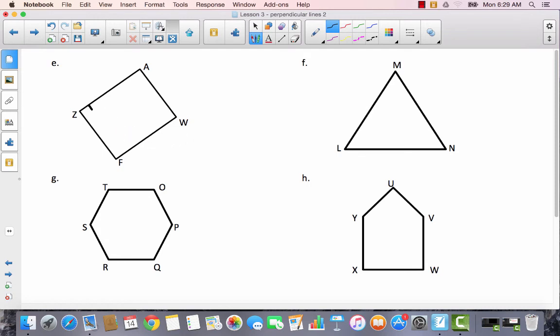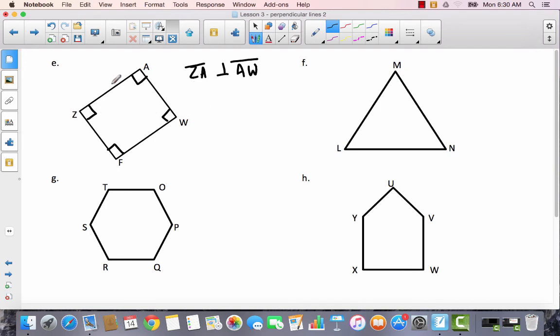All right, so I see a right angle here, a right angle here, here, and here. So I'm going to say line segment ZA is perpendicular to line segment AW. Now remember, it'd be okay if you said line segment AZ is perpendicular to line segment WA. It doesn't matter what order you put these letters in, okay?